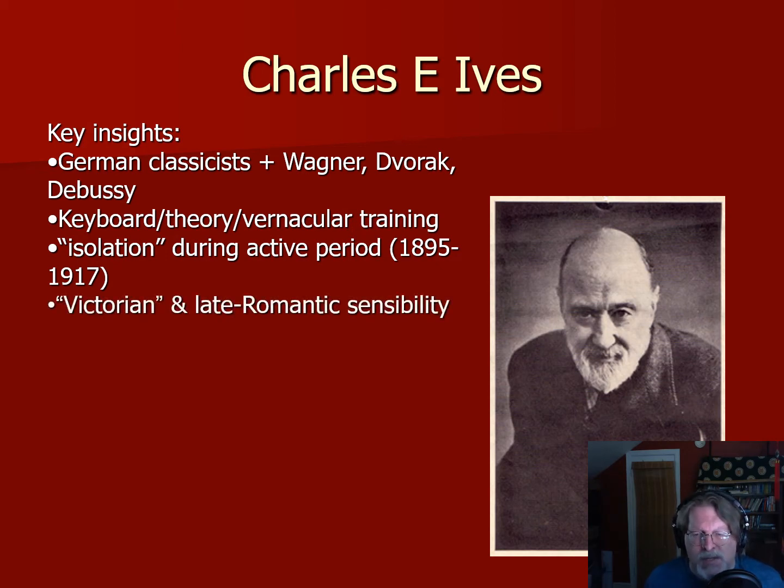Another thing to be said about Ives is that there may be one reason that he may have been somewhat resistant to acknowledging the influence of late 19th century Parisian composers: he was really very much a small town Victorian. He thought like a Victorian person. He was rather disapproving of certain kinds of social conduct, even though he was a very strong advocate for composers in his orbit like Henry Cowell and Carl Ruggles, who were gay.